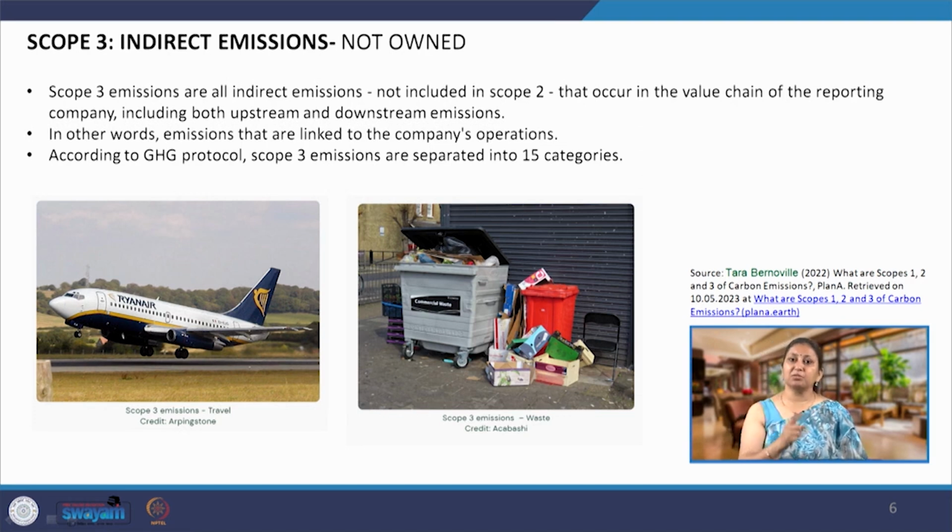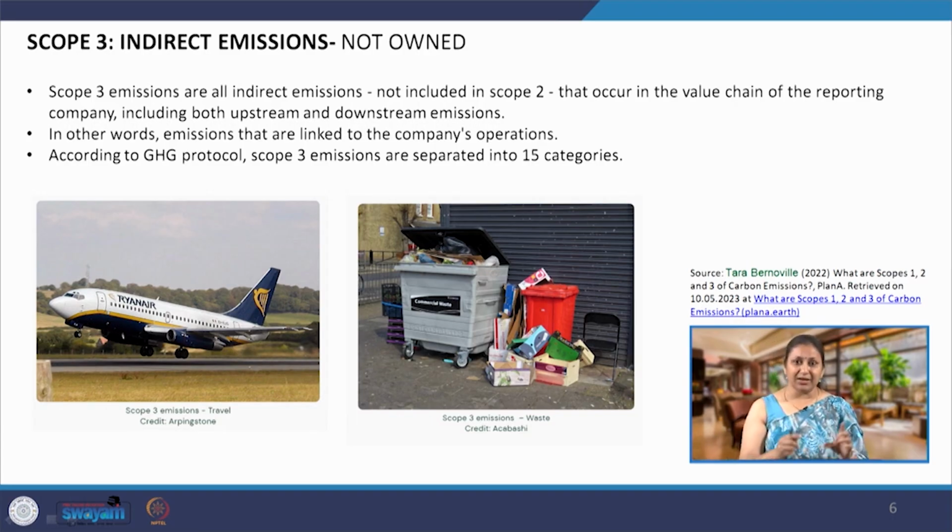So, if I am able to handle my scope 1 and 2 and every other company is able to reduce their scope 1 and 2 emissions, together we will collectively be addressing scope 3, because the product being manufactured here is part of the upstream or downstream value chain for some other company. So, it will be adding to the scope 3 of somebody.